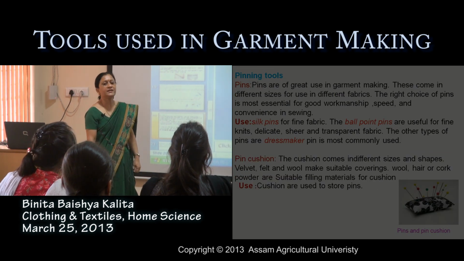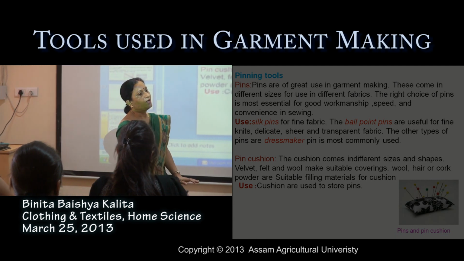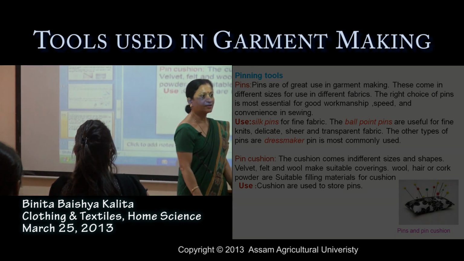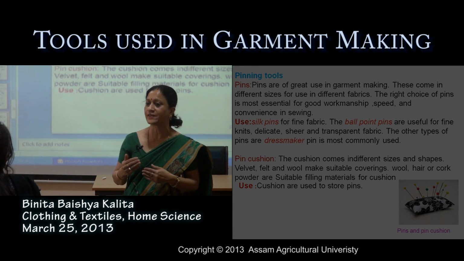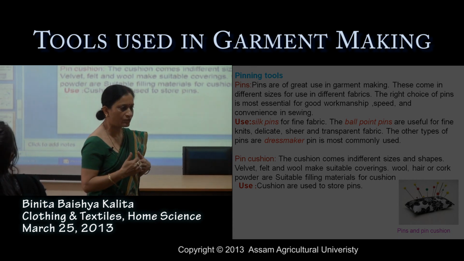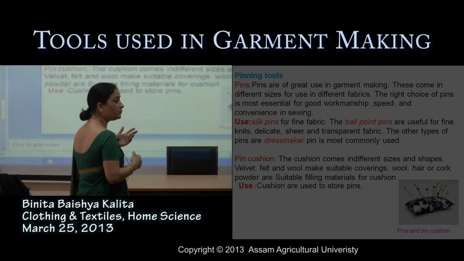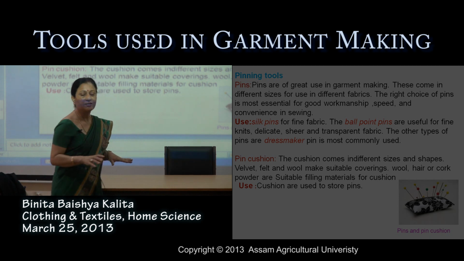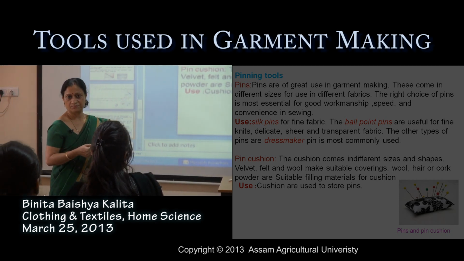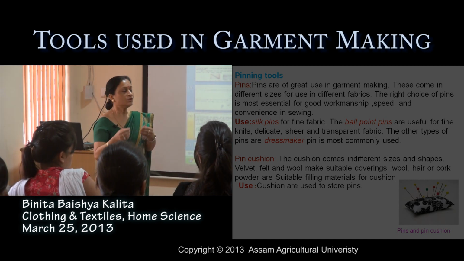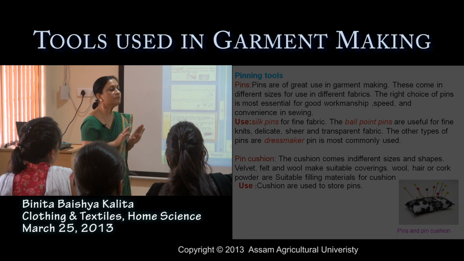Then pinning tools. These are also very essential for garment construction, because in garment construction we are joining two layers of fabric. So to keep the layers of fabric from slipping, before making the final stitching, what do we have to do? We have to pin it. Is it not? So by pinning we can keep the layers of fabric in position.